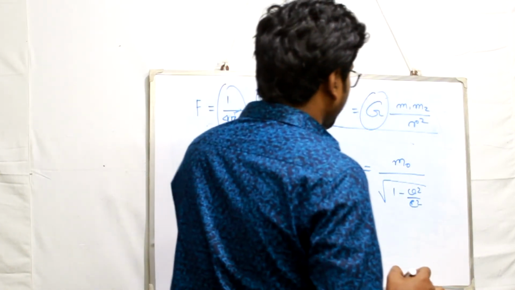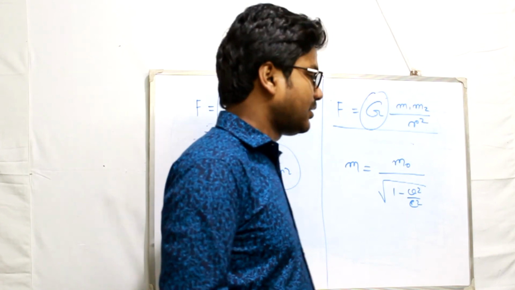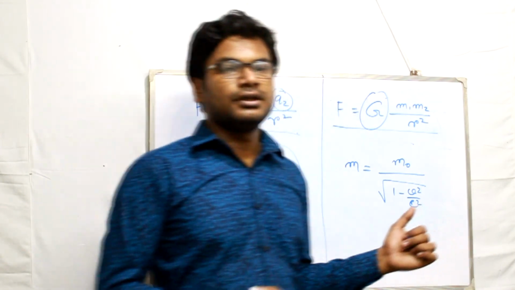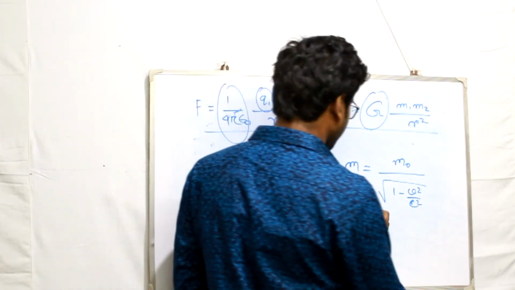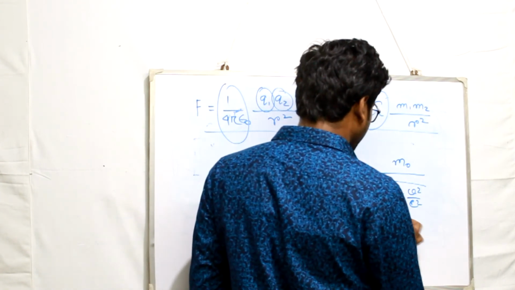Here V is the velocity of the particle and C is the velocity of light.